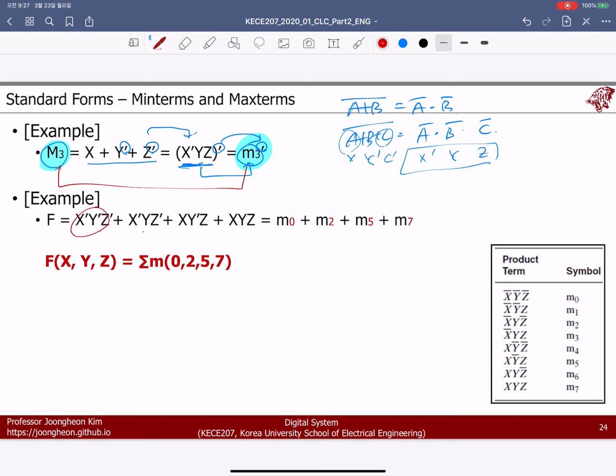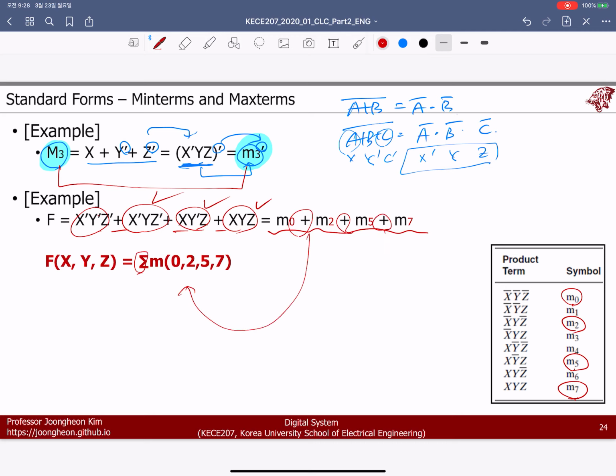We are adding four min terms: the first is m sub 0, the second is m sub 2, the third is m sub 5, and the last is m sub 7, and they are combined with a plus operator. That's why we can get this result. By our agreement, we can write this as the summation of m values where the indexes are 0, 2, 5, and 7.